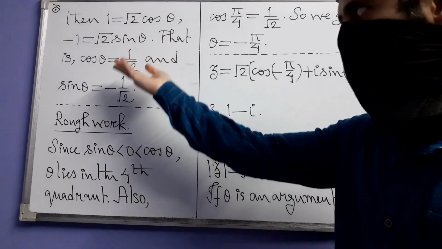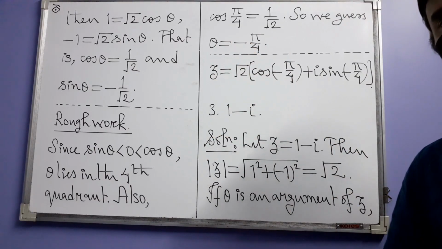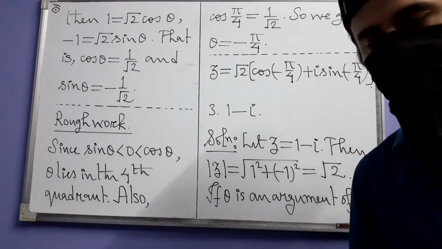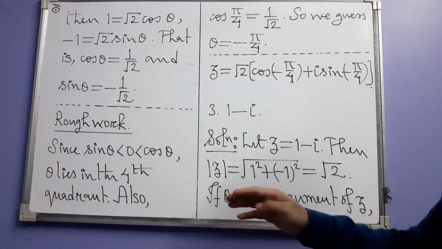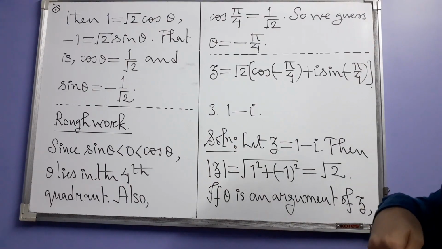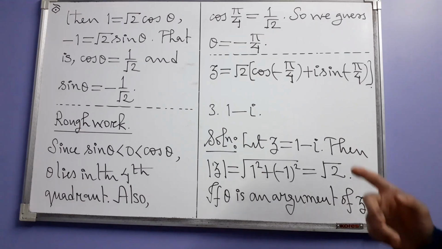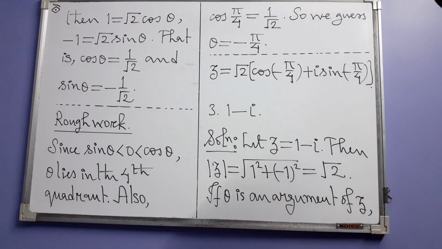And that gives us these two equations: cos theta equals 1 over root 2 and sin theta equals minus 1 over root 2. And then you can go through the rough work also. In this case, cos theta is positive but sin theta is negative, so the angle should lie in the fourth quadrant. Now it's not always necessary to go anti-clockwise like that. You can go clockwise as well. It's up to you.